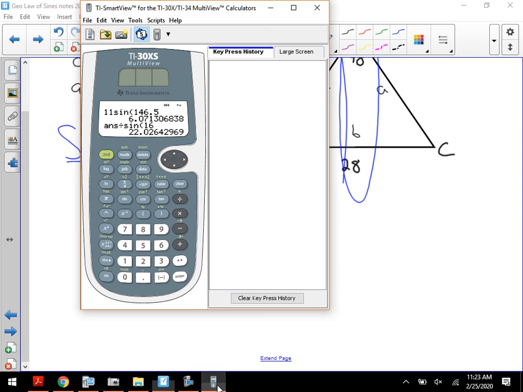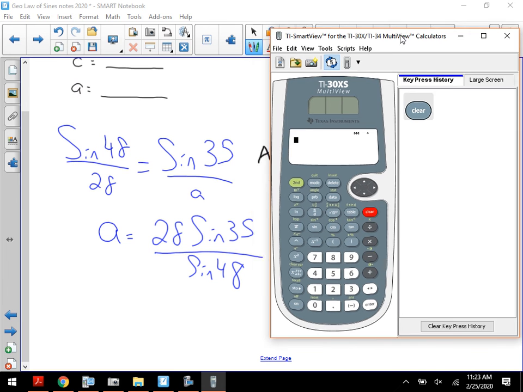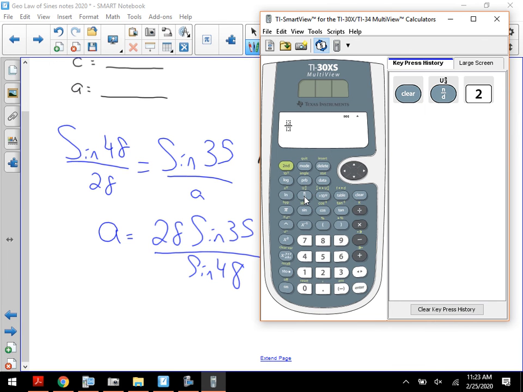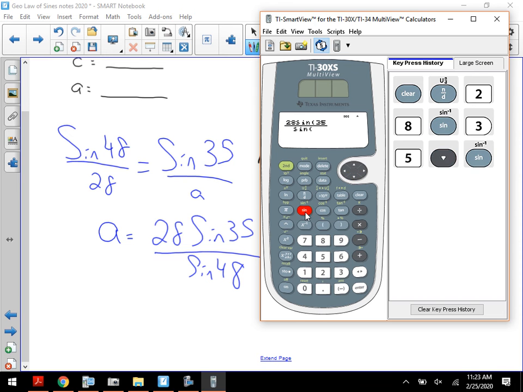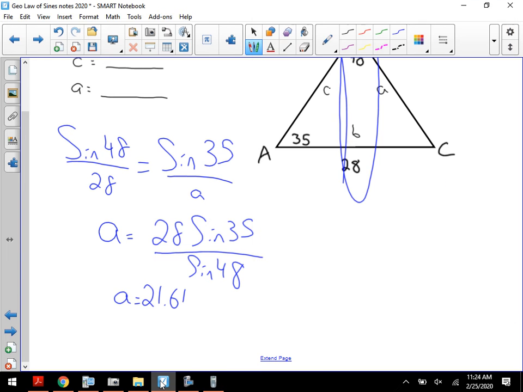In the calculator, I would have typed in, with my fraction bar, 28 sine 35 over sine of 48. And if you did that right, you get 21.61. So that means that little a is 21.61. Now, that's just the first part of the triangle.